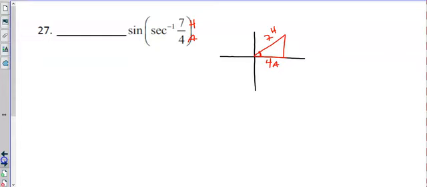Hypotenuse, adjacent. We're looking for sine, which is O over H, so we do need O. I'm going to call it X. So 4 squared plus X squared equals 7 squared.